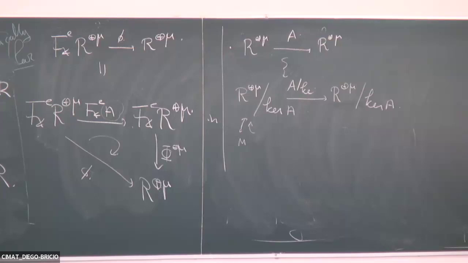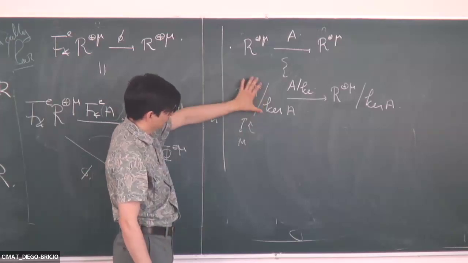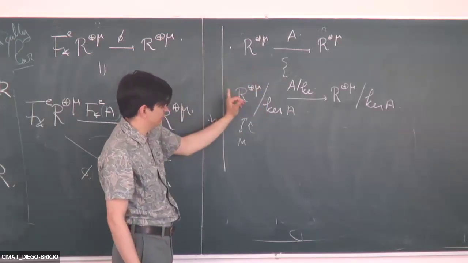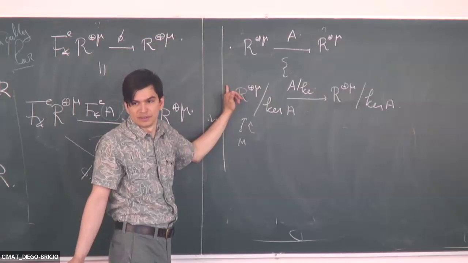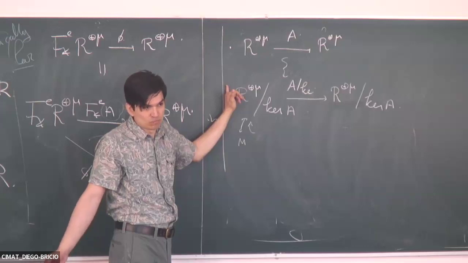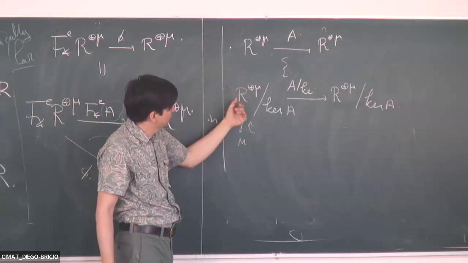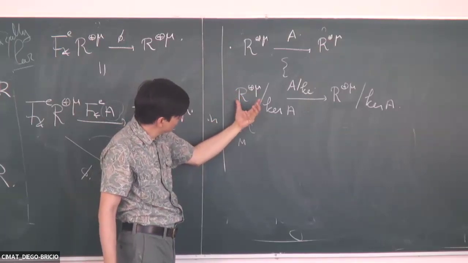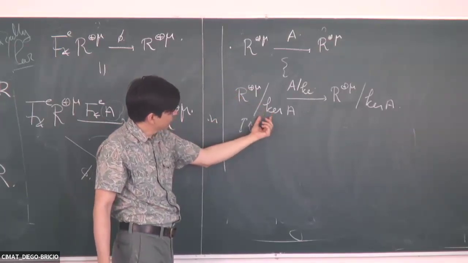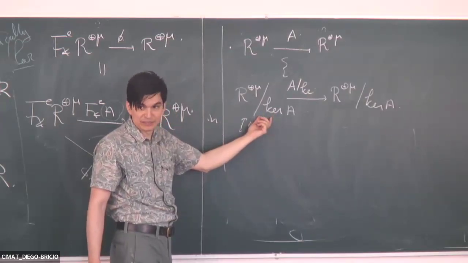This part of the argument is pretty fine. First of all, you may notice that this doesn't have to be free. It can be whatever, right? But I can always shrink R enough to guarantee that it is free.